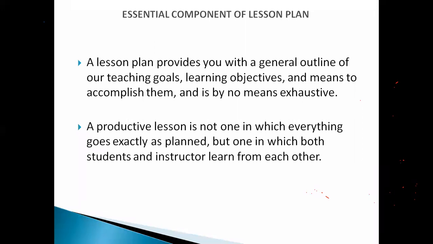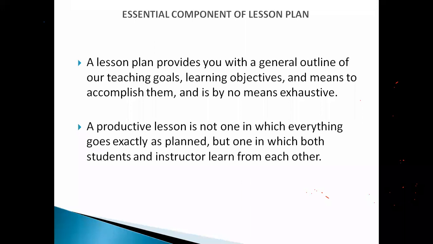It generally covers all the teaching goals. Whatever aims and objectives we have in mind regarding the materials should come in the lesson plan, and it should not be exhaustive, it should not be tidy.